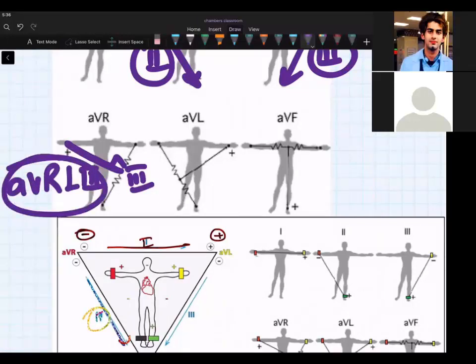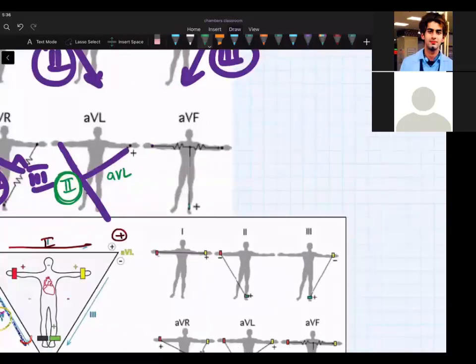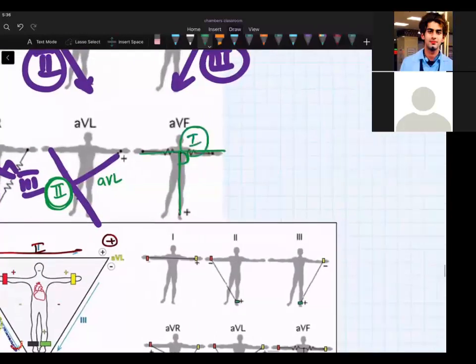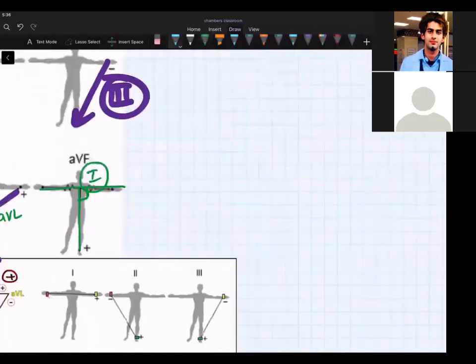AVL is perpendicular to dash. Lead 2. AVF is perpendicular to dash. Lead 1. Who is having any difficulty, guys? So this should be written in a box. This will help you understand ECG.